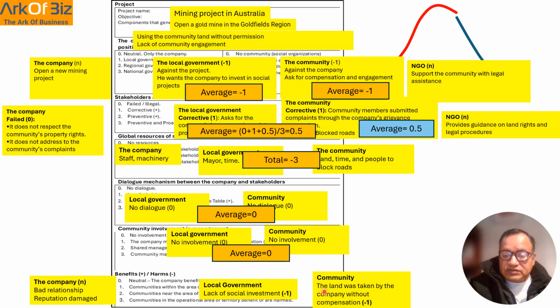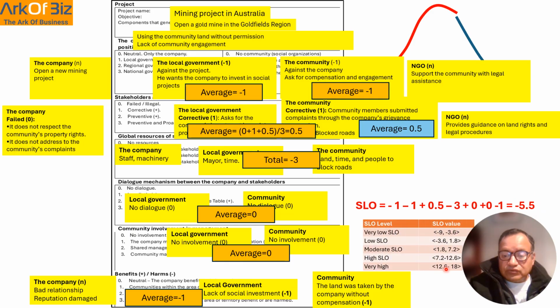So the average between these two values is -1. So now let's go to the sum of elements. We need to sum these elements, and we have -5.5. This is very low. According to our table, this is a very low level. Let's go to the next, the resolution stage.